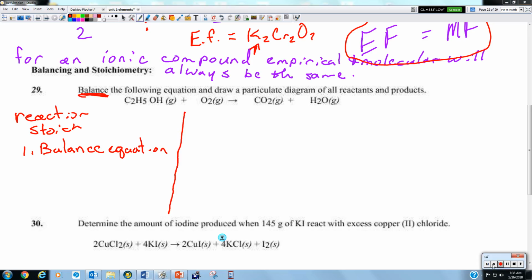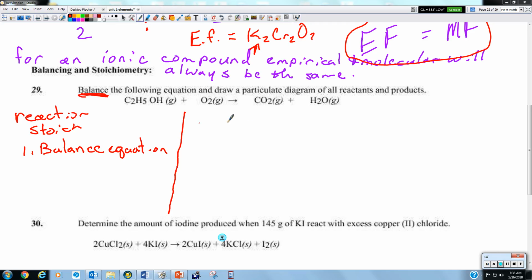Looking at this, you've had a moment to look. First thing that you should notice, what's the main thing that's out of balance? All right. So the carbons are out. I'm looking at oxygen. Oxygen, we have 1, 2, 3 here, and we have 2, 1. That's 3. So oxygen right now is balanced, but the C's are out of balance.